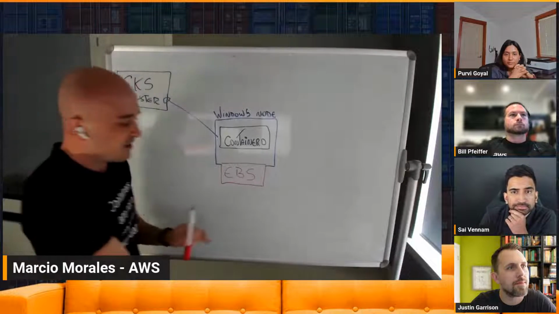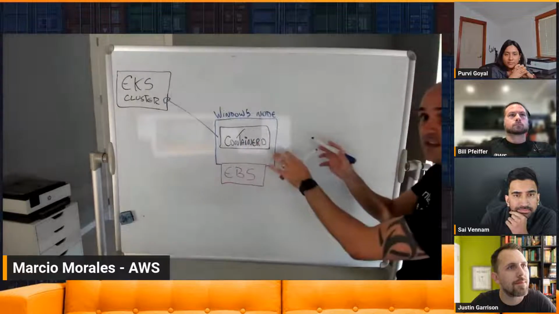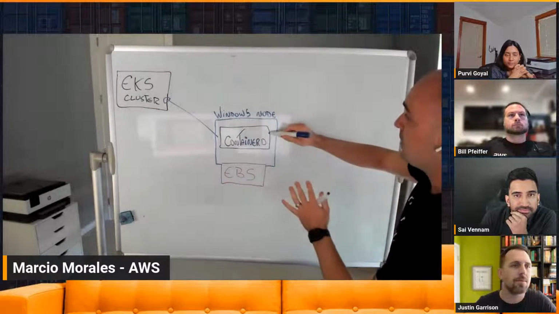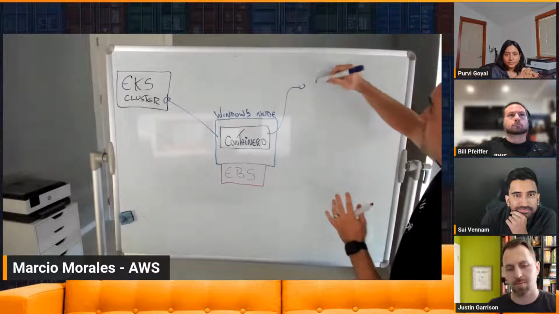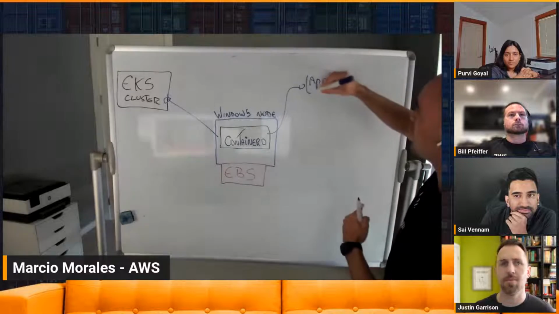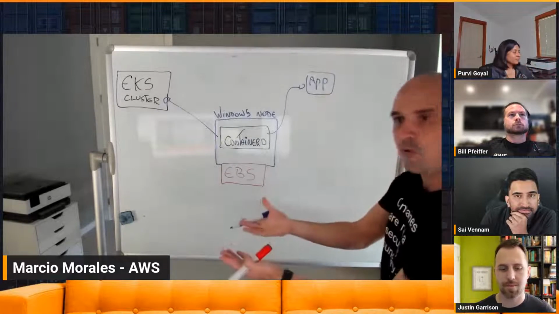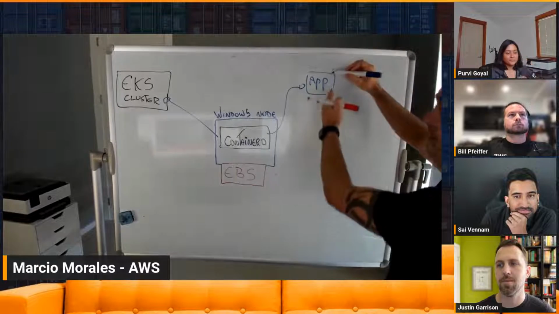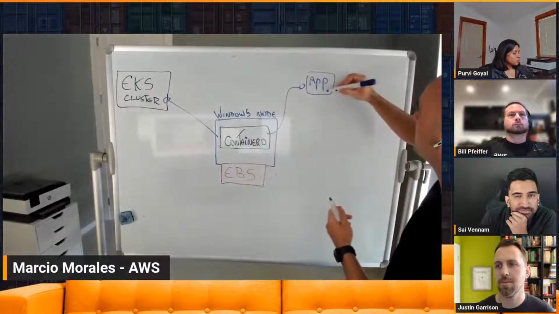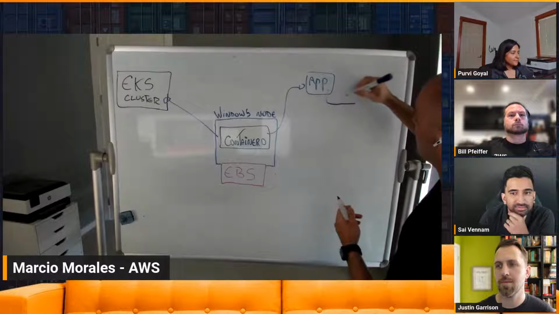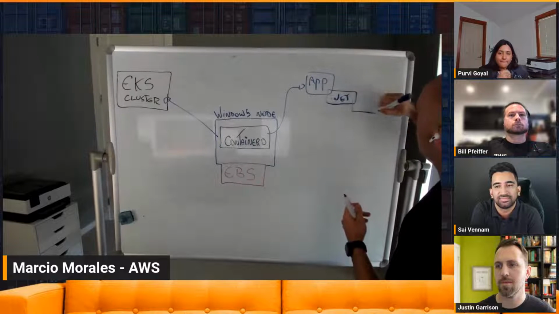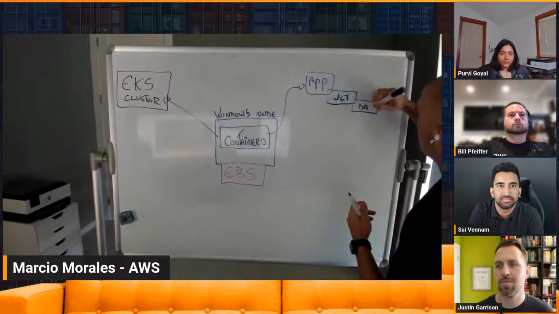What starts happening is your container runtime, in this case containerd, and then pods become assigned. So you have your application, and let's say it's a .NET Full Framework application. You have the layer of your app, the binaries of your app, as part of the container image, the .NET Full Framework layer, and the base image layer.